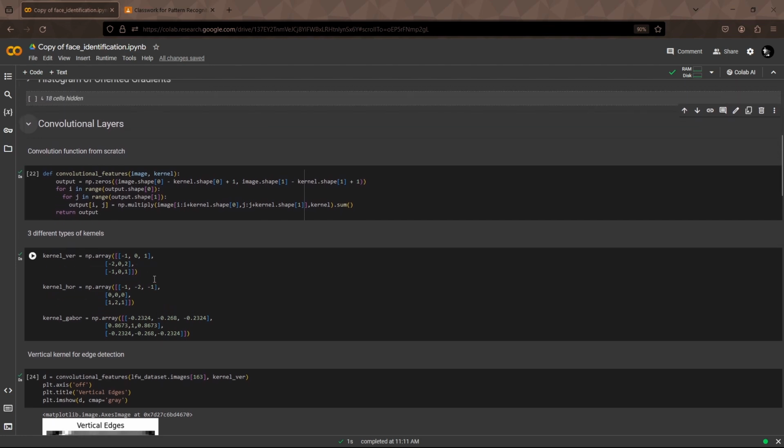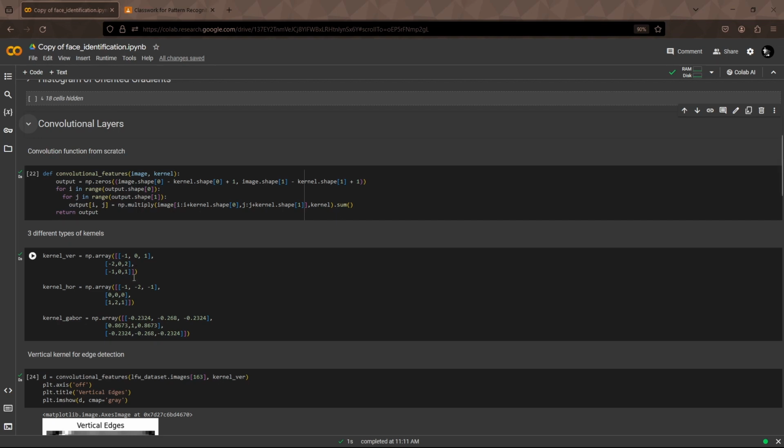It multiplies this matrix with a subsection of the image of similar width and height, then adds the elements of the resulting matrix, and does this all over the entire image space.